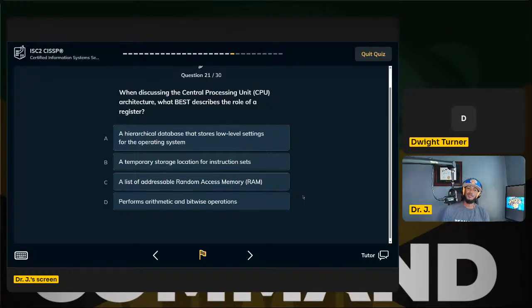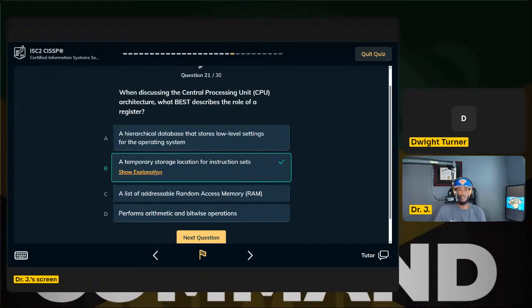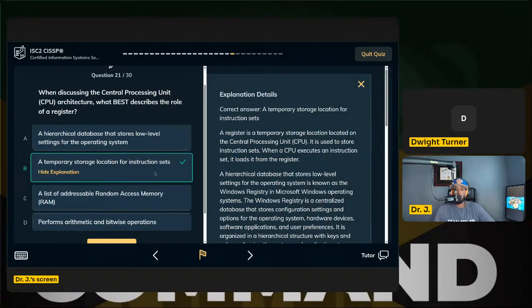Yeah, I believe this is going to be Bravo. Register: a temporary storage location located on the CPU, used to store instruction sets. When a CPU executes an instruction set, it loads it from the register, and that's where you can make changes to your register.